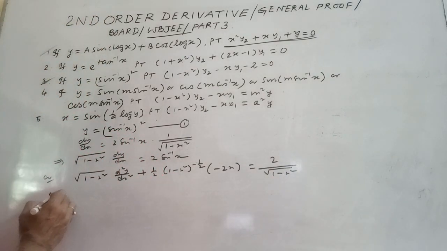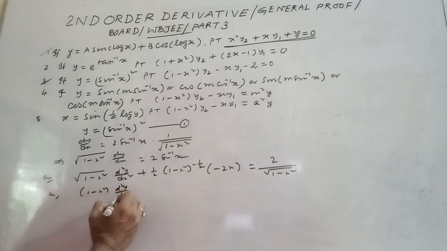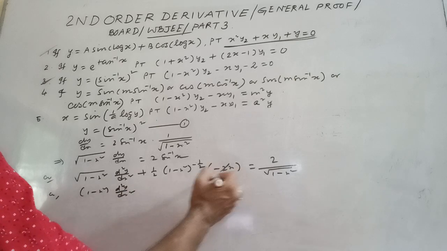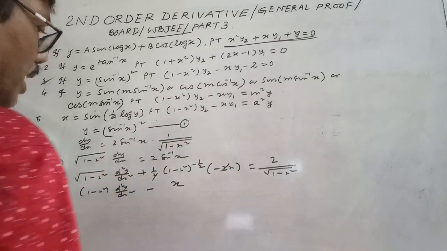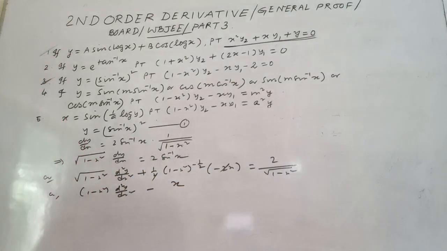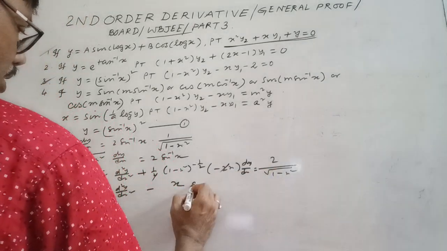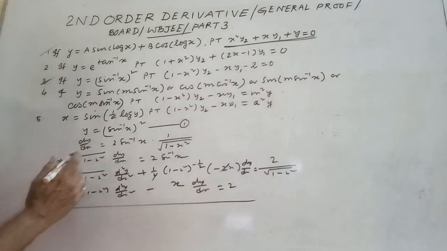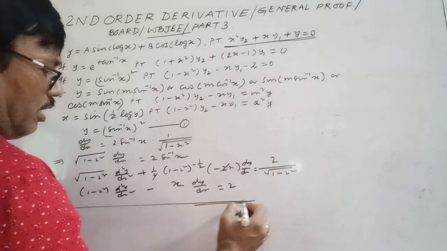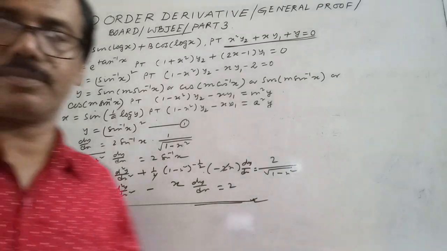So multiply both sides by root over 1 minus x square. 1 minus x square into d2y by dx2, and the 2 cancels. This is only minus x by 1, so x into dy by dx unchanged. So x into dy by dx equals, and you differentiate it by the product rule, then you also get the result.